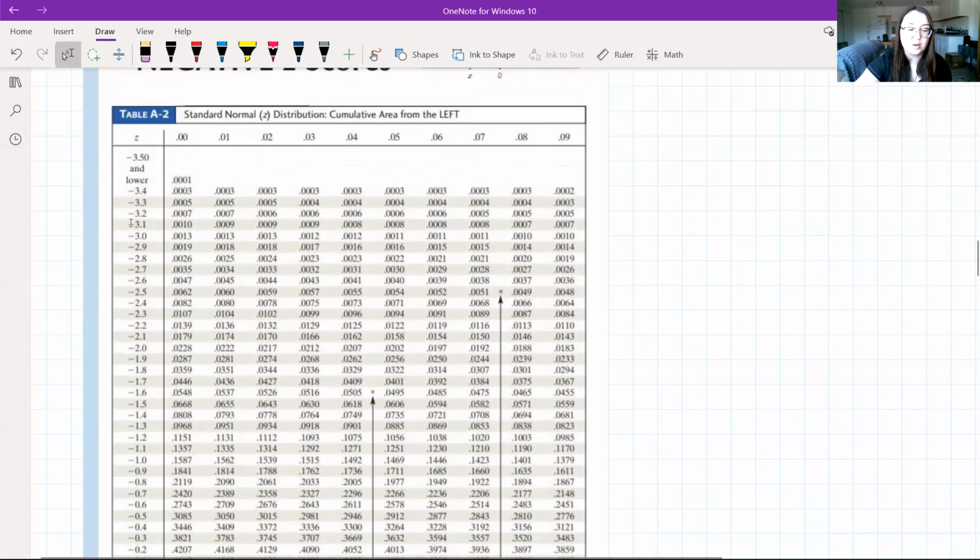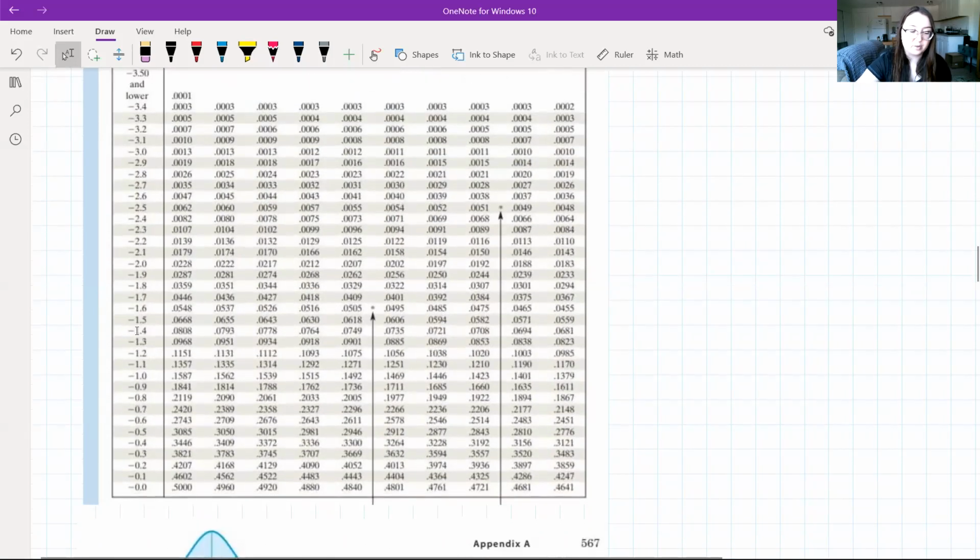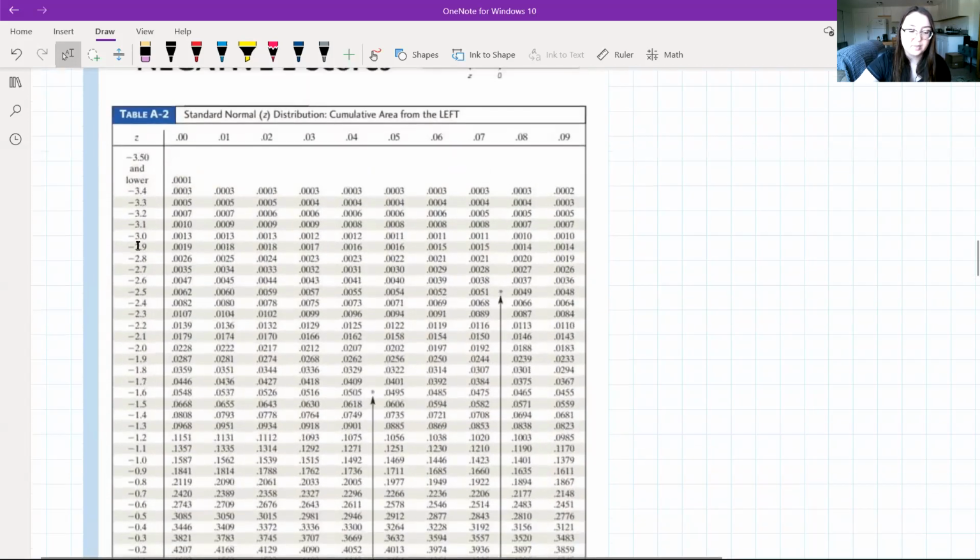These are always going to be the first few decimal places that we see. It's always going to be our whole number and our first decimal place. And then once you know these values, you go over here to find your next decimal place, since your first decimal place is in the first column. It sounds a little bit confusing, but I promise as we go through, it will be a little bit more clear.